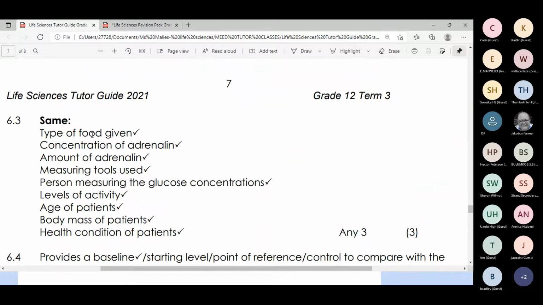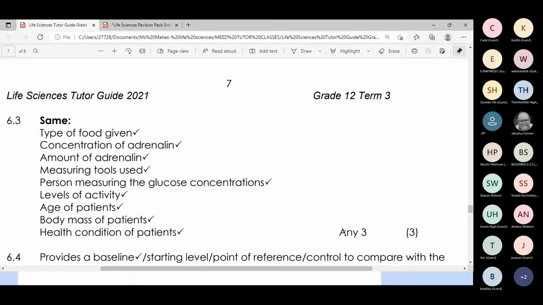The same type of food given, the same concentration of adrenaline, the same amount of adrenaline, the same measuring tools, the same person measuring the glucose concentration, the same levels of activity, the same age of the patient, same body mass of the patients, and the same health conditions of the patient.